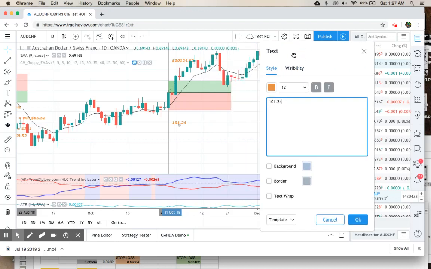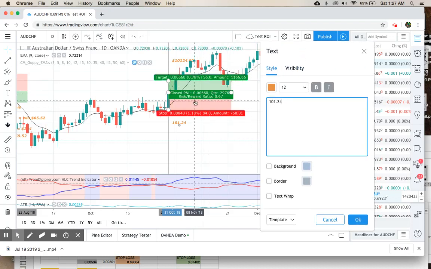101.24. Okay, and then this is going long, so we're looking down here to see how much we are risking. We're risking 84 pips at $101.24, which is our max, our 1% risk.